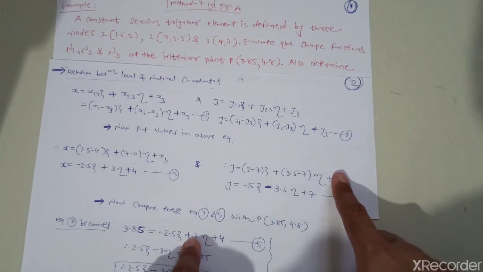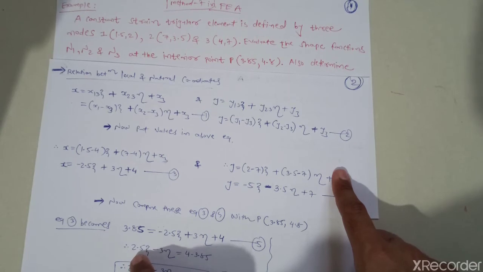If we simplify, the equation becomes 2.5 zeta minus 3 eta is equal to 0.15.